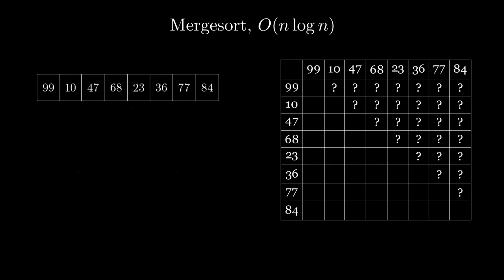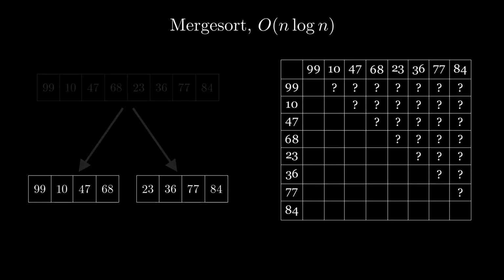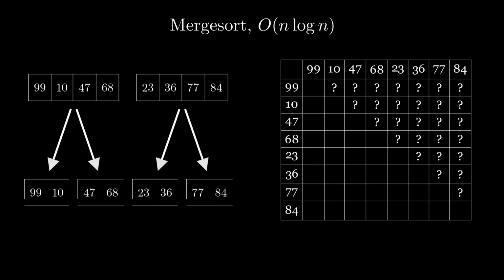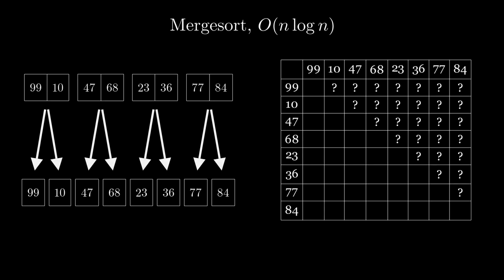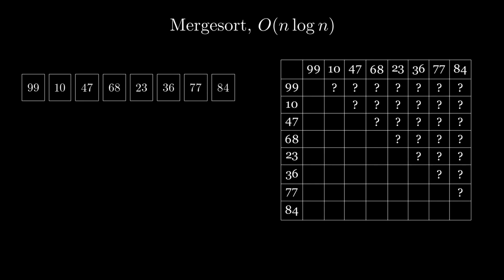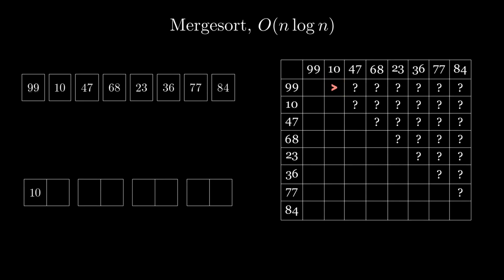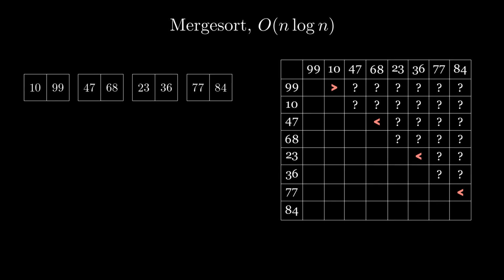And to show you this in action, here's merge sort on a randomly ordered input. I'll color the information we manually compute red, and the information we get for free from transitivity blue.